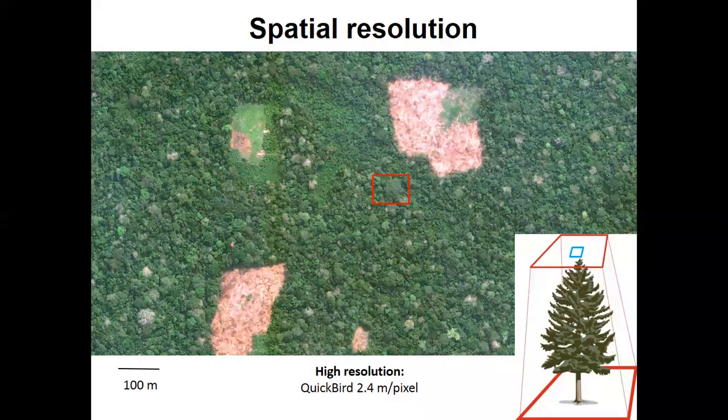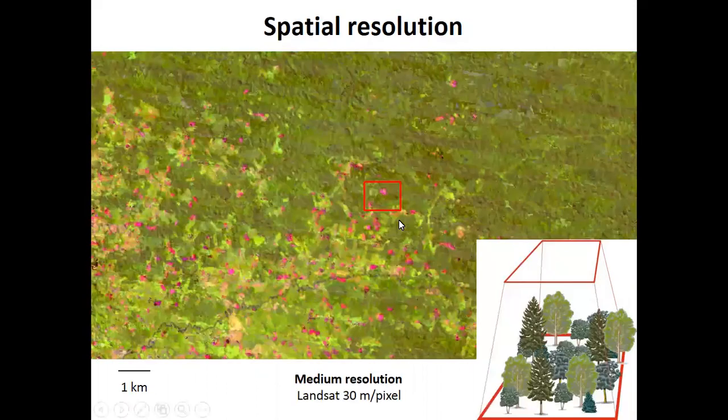The size of a pixel is smaller than, or comparable with, the size of a tree crown. But if the resolution of your images is coarser, then the projection of every pixel on the Earth will cover not a single tree, but a group of trees in the forest.